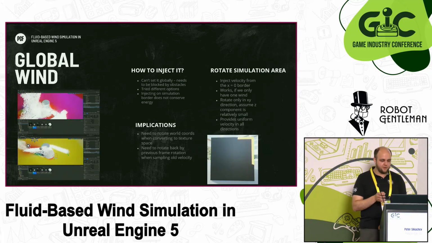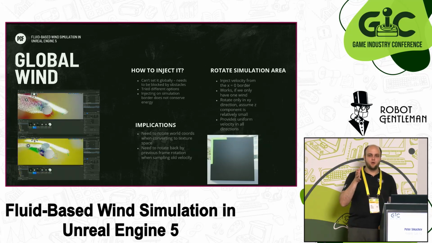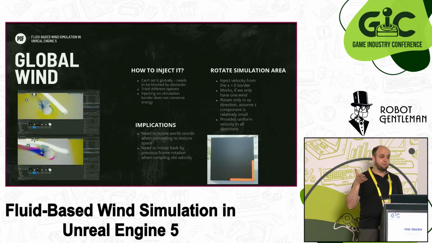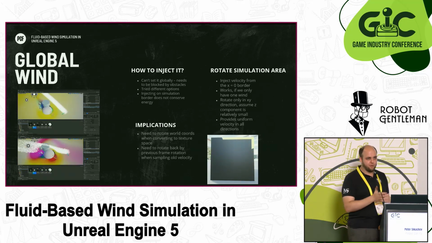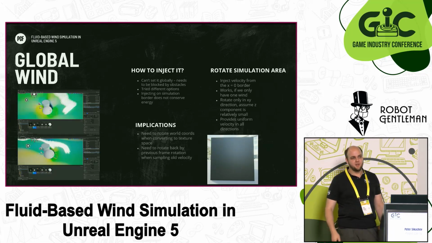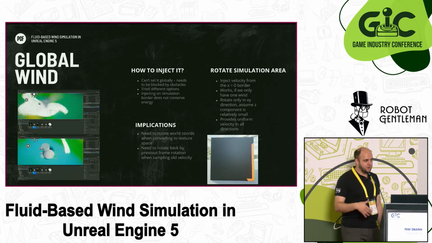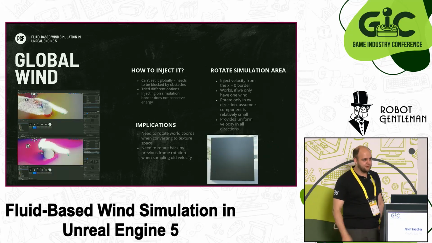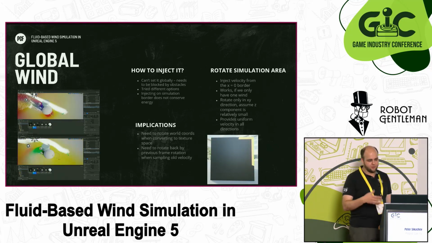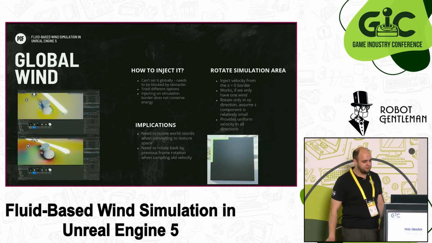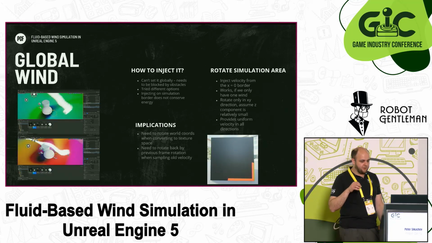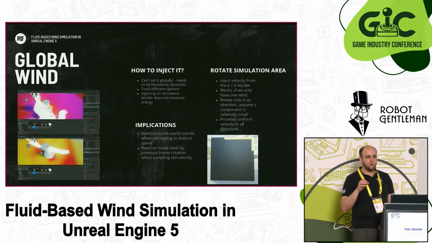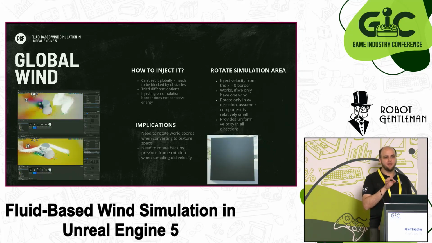We want to inject it somewhere on the boundary, and then propagate it with advection and with progressive solving, with this iterative pressure solver. But the question is, how do we inject it in a way that is consistent?